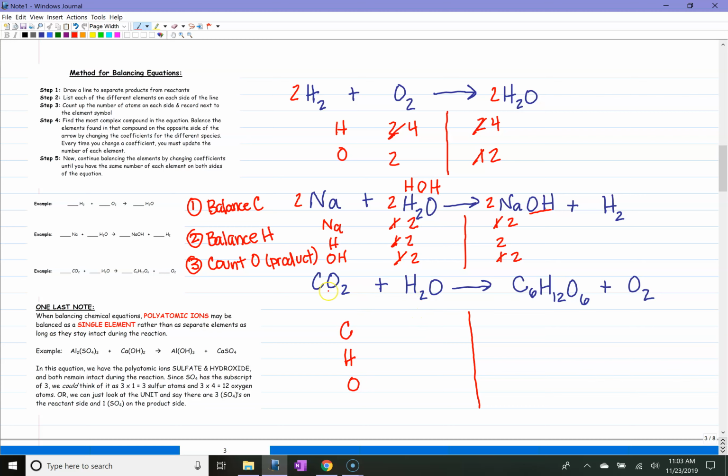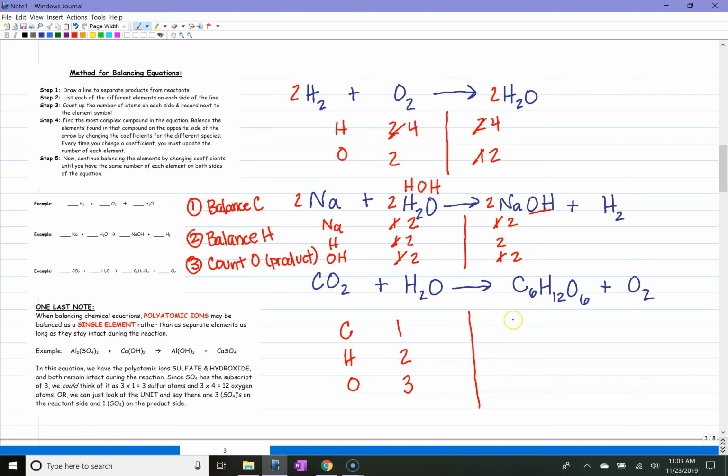On the reactant side, I have one carbon, 2 hydrogens and 3 oxygens. The side that has carbon dioxide and water is always going to come out to be 1, 2, 3 because those two compounds are always going to be the same.